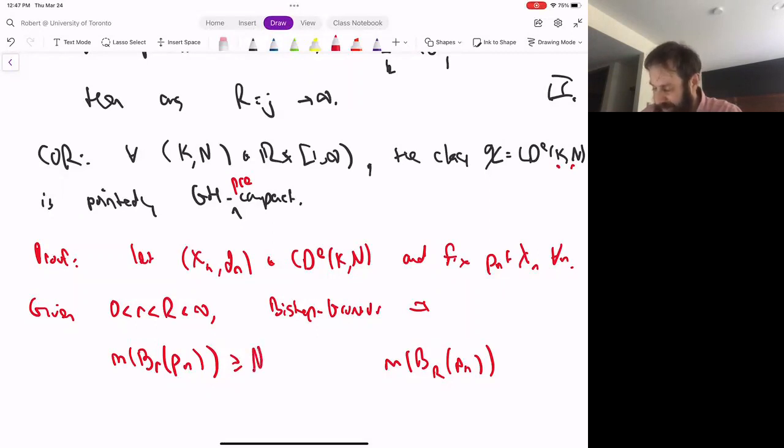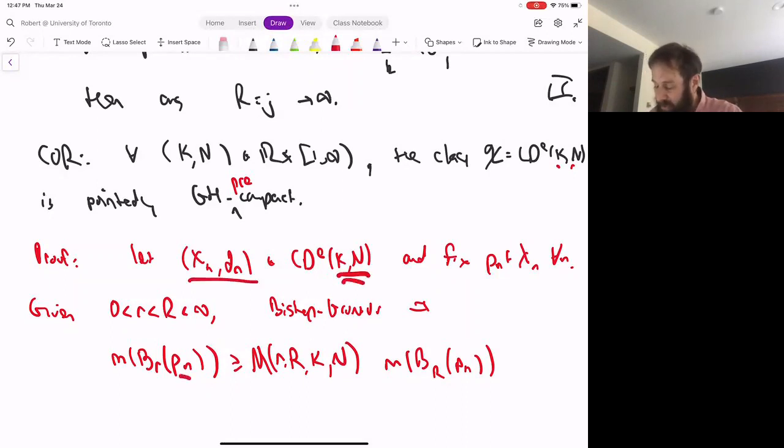Let me call the constant capital N, where the constant depends on little r and big R, and it depends on k and n, but it doesn't depend on the space, except that it satisfies these conditions.